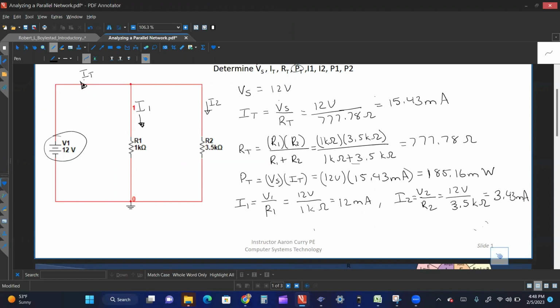But if you look at it, I total is equal to I1 plus I2. So if you add up I1 and I2, you're going to get your total current. As you can see, this is 12 milliamps plus 3.43 milliamps equals 15.43 milliamps.